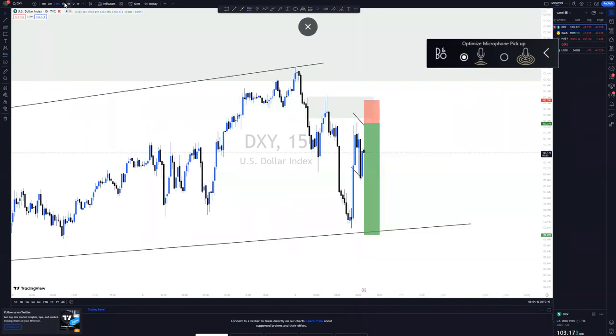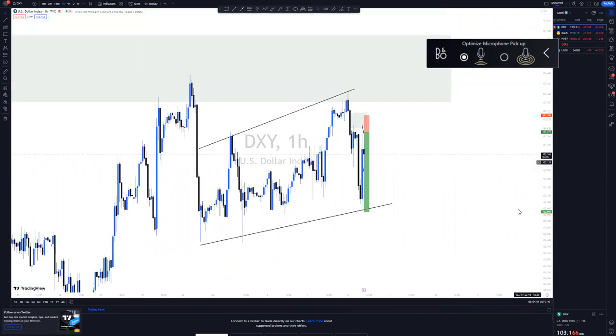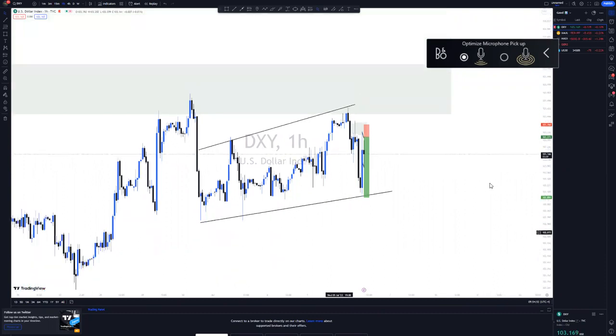On DXY, without fear or favor, DXY is a sell. So just sell your DXY and relax.